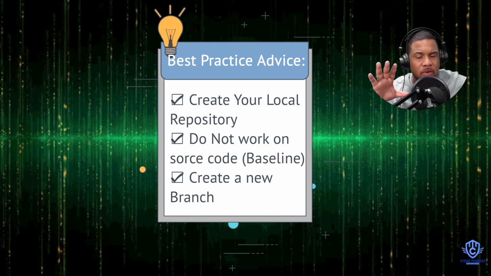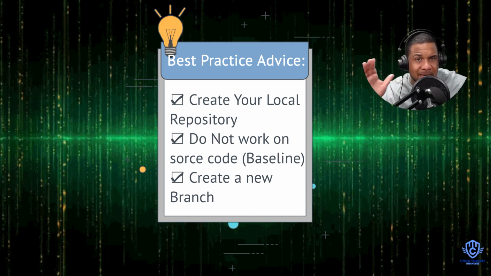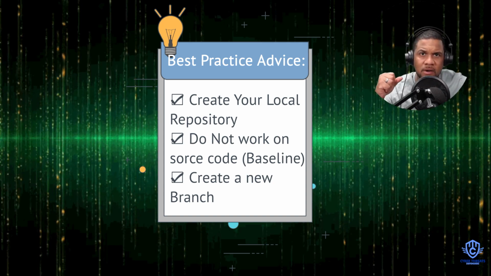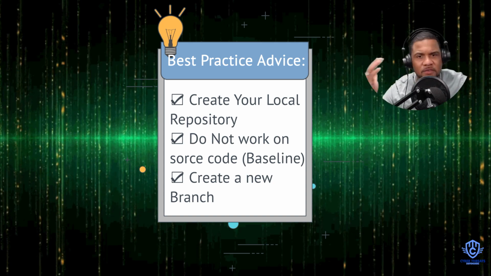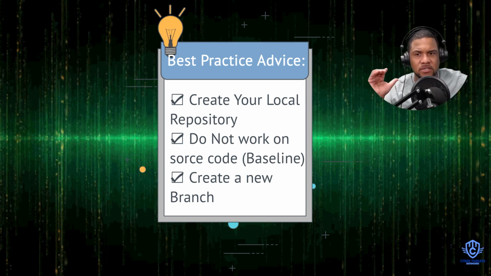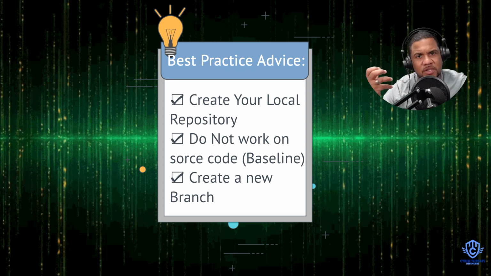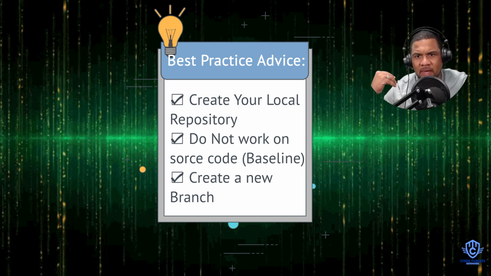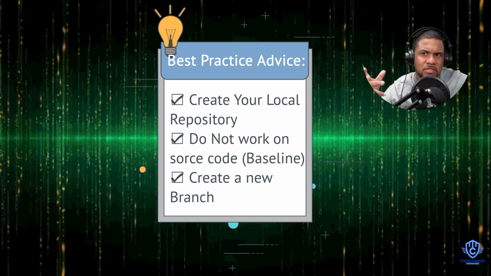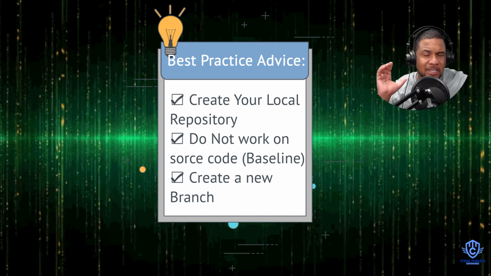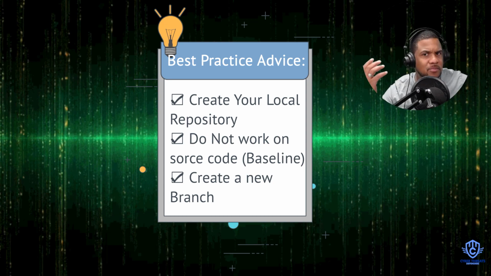Another best practice I want to make clear, because if you're not working in the industry, those that are definitely know this: you want to create a new branch every time you're developing a new feature, or working in code, debugging, etc. Why is this a best practice?